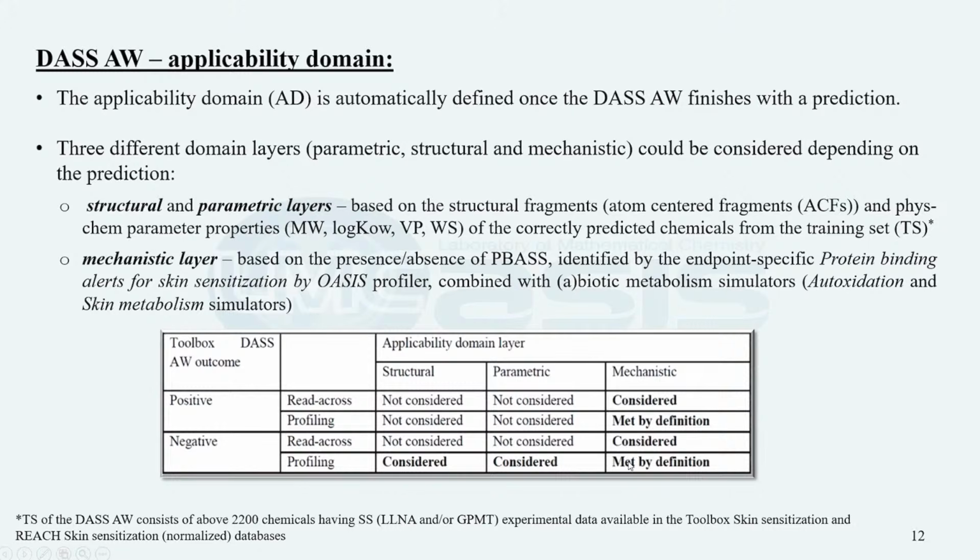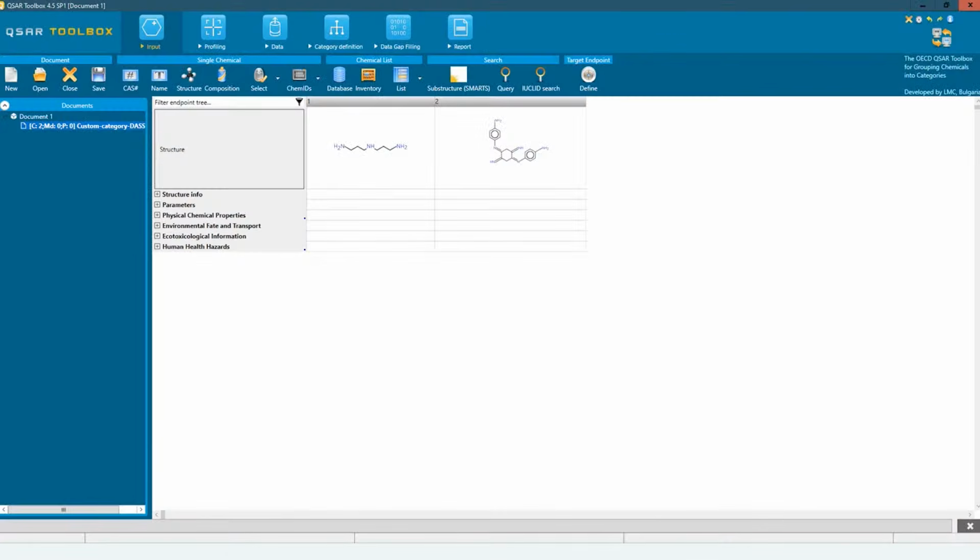Now, I will go directly to Toolbox and we will show you how you can apply this automated workflow to obtain a prediction for skin sensitization. Here is Toolbox 4.5, and here I have 2 chemicals loaded on the data matrix.